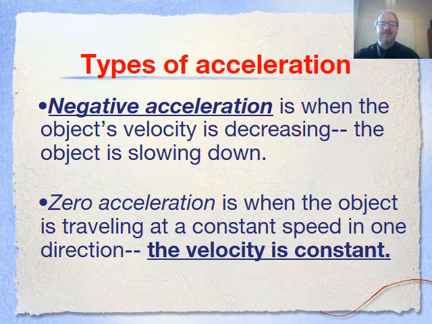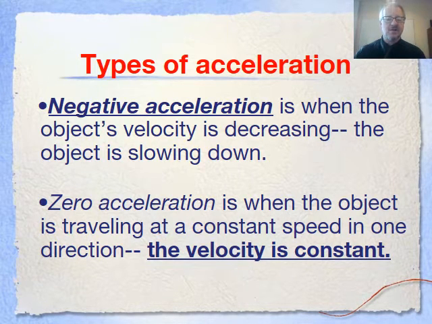Negative acceleration is when the object's velocity is decreasing. The object is slowing down. So this is what we call deceleration, or you could call it negative acceleration. Okay, the technical term is negative acceleration, but you might use the term deceleration more commonly. So that would be equally appropriate.